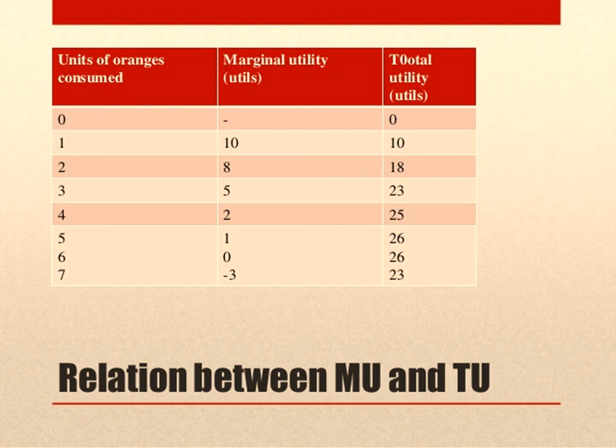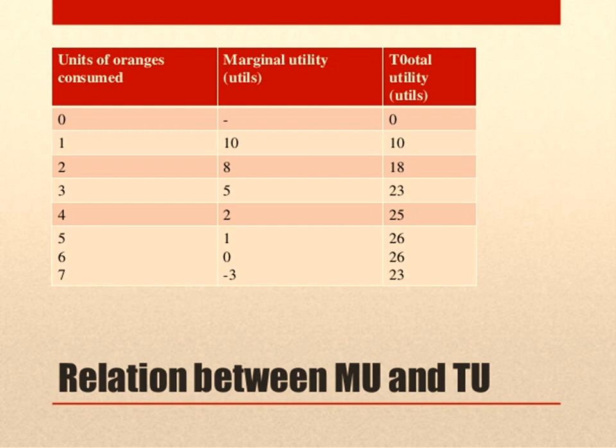Your satisfaction from that banana starts to fall. Mama is telling again and again, you ate the fifth banana, and on the sixth banana you start to vomit. There is no utility, and instead of increasing, utility starts to decline.